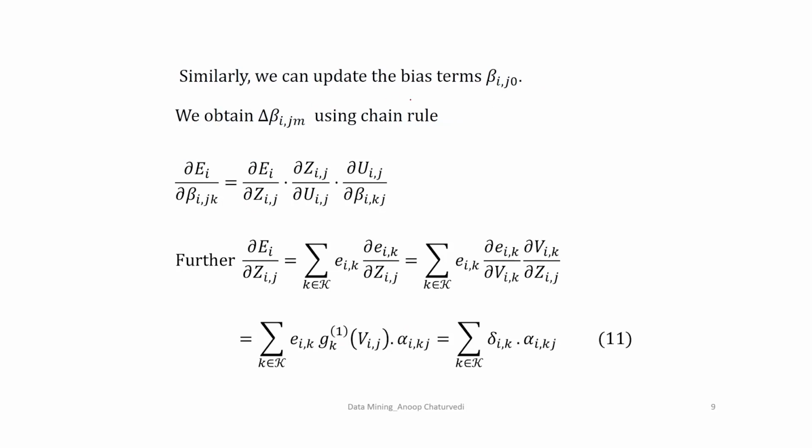Just like the other weights, we can also update the bias term, beta_{ij0}. So, further we obtain del E_i over del beta_{ijm} using the chain rule of differentiation.